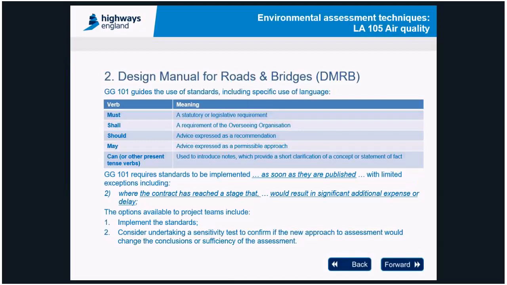As you can see from this list, a must and a shall are both requirements, things that you must be doing as part of the project. The must depicts a statutory or legislative requirement, and a shall is a requirement of the overseeing organisation. Not complying with both of these means that you would need to submit a departure.